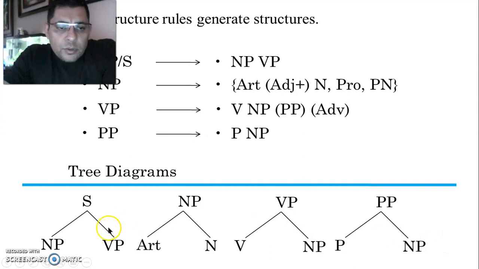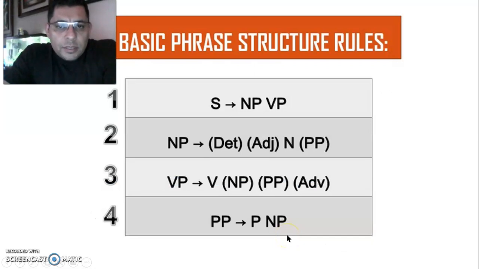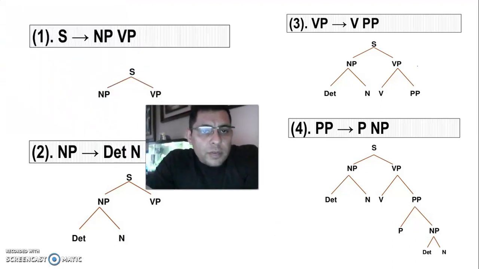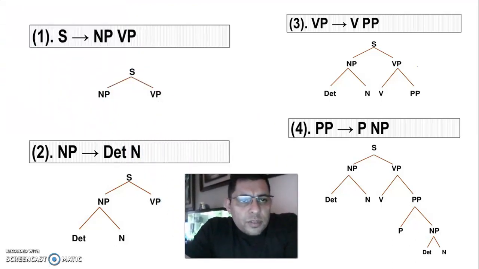For example, you cannot put NP at this level and then VP at another. If you see, all are lineal, meaning that they have to have the same level in the analysis. So you cannot be putting the words in different positions. Now I want you to go over this part.